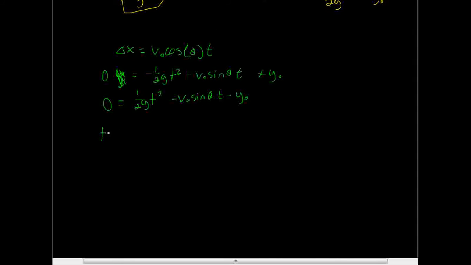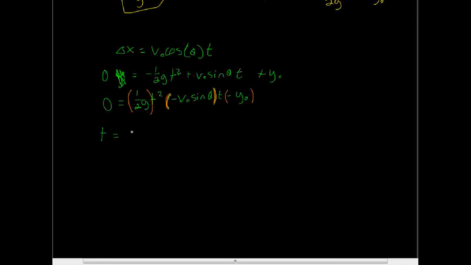So quadratic formula, t equals -b. So b will be played by the role of negative v naught sine theta. I'll do that in a different color so it's more clear. A will be played by 1/2 g. And c will be played by negative y naught.